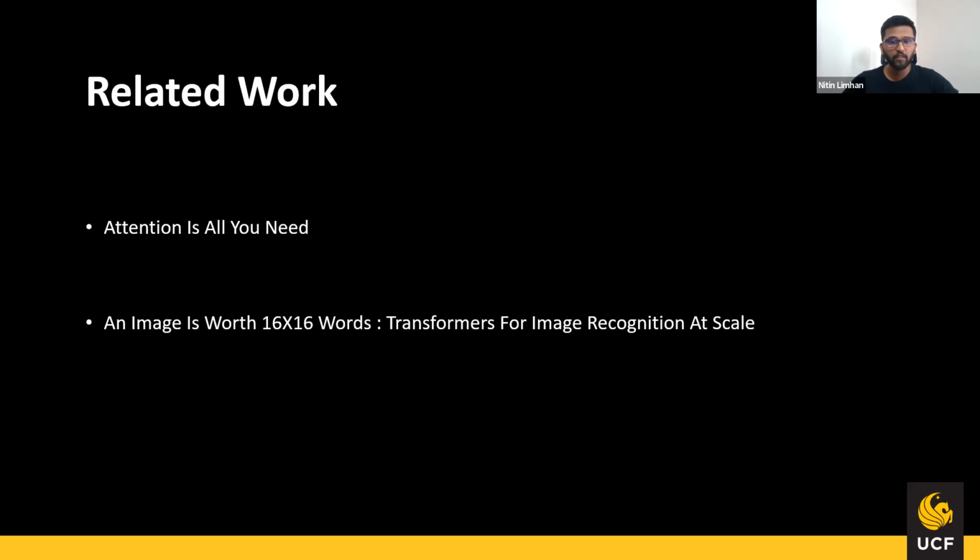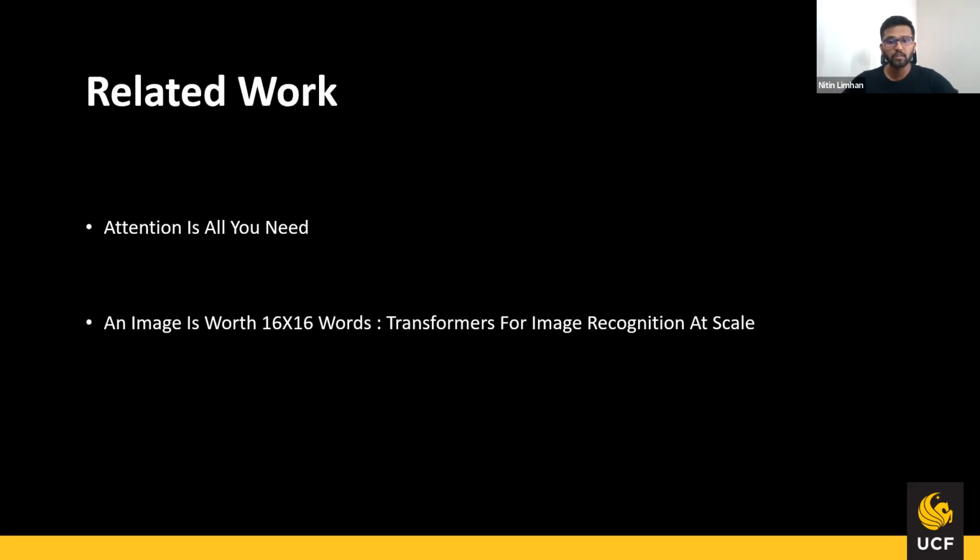A couple of related works which were used in the understanding of this paper are Attention is All You Need, which talks about how a transformer, a model architecture entirely relying on the attention mechanism, can be used to draw global dependencies.